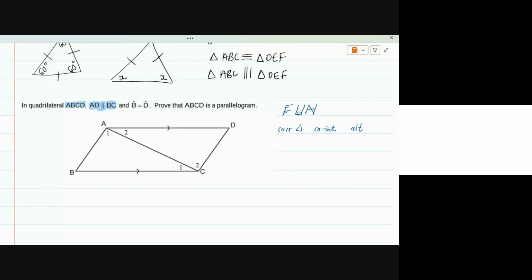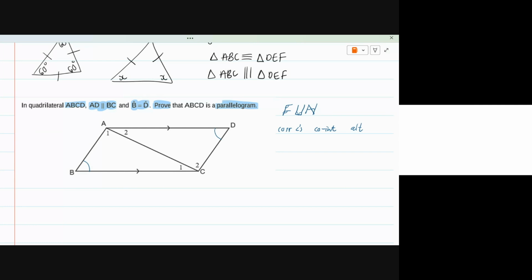We are also then told that angle B is equal to angle D. So we now already know that this angle is equal to that angle, and that is also quite helpful.